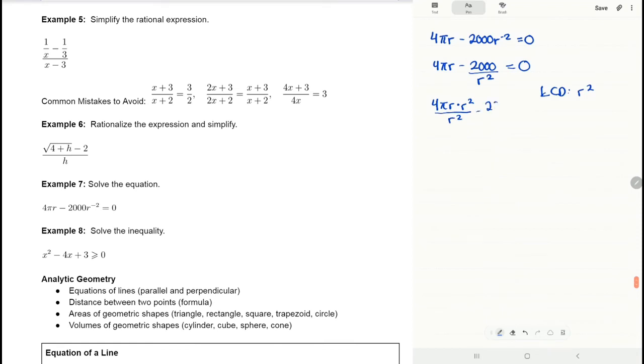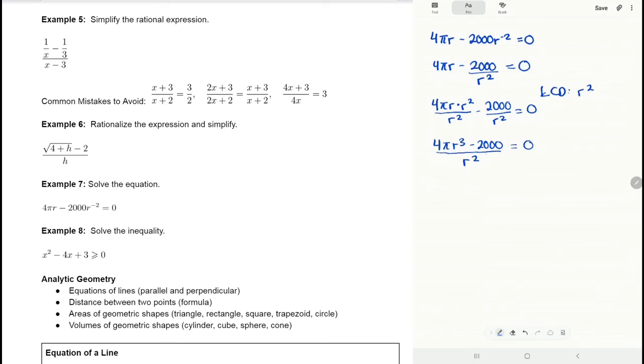Then we have minus 2000 over r squared equal to 0. Now that we have the same denominator, we can combine the two fractions, and we can also simplify the powers of r in the first fraction. So here we have 4 pi r cubed minus 2000 all over r squared equal to 0.